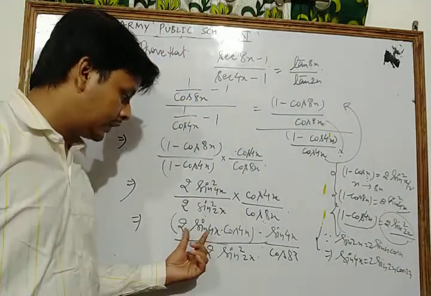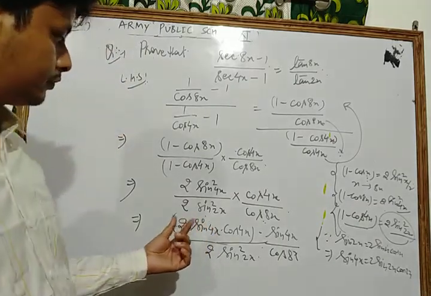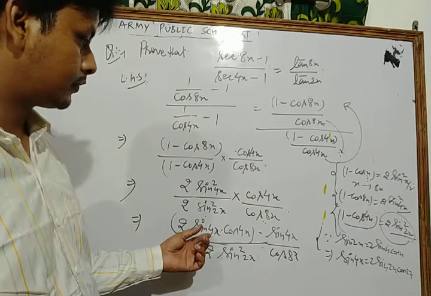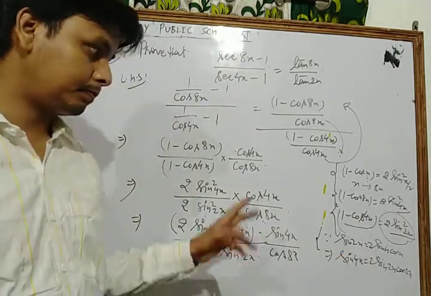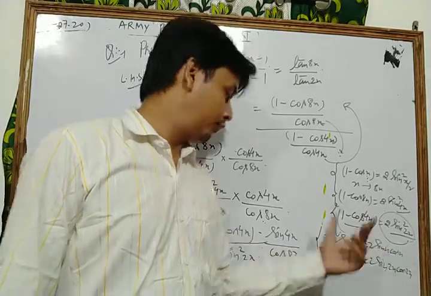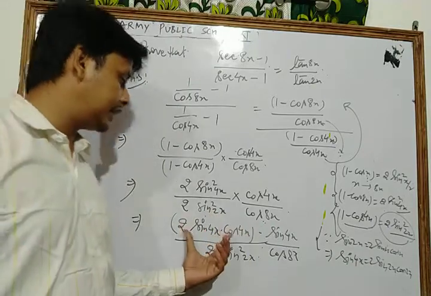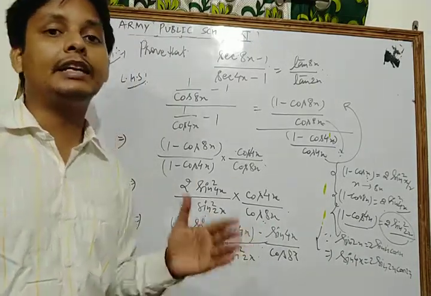And if we replace x by 4x, then we get sin 8x equal to 2 sine 4x into cos 4x. So we write 2 sine 4x into cos 4x as sin 8x.